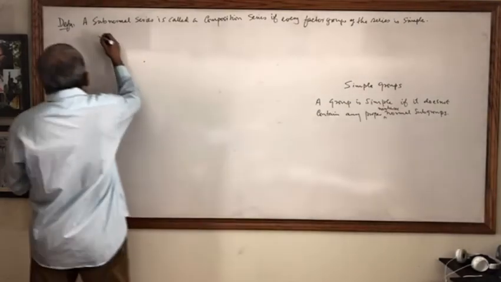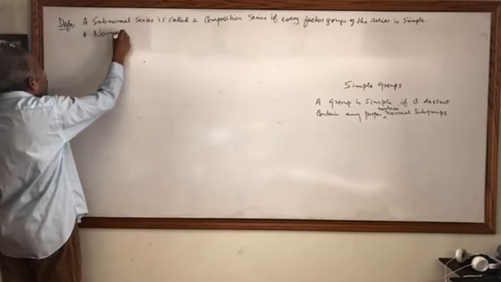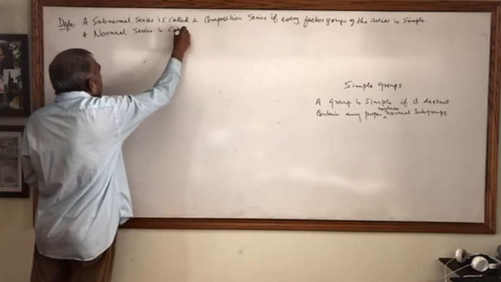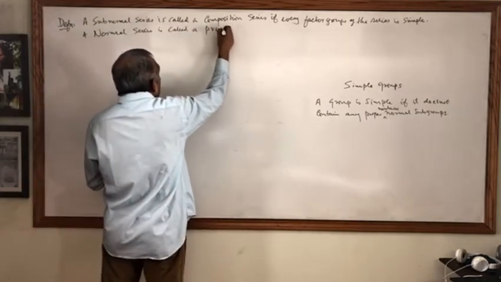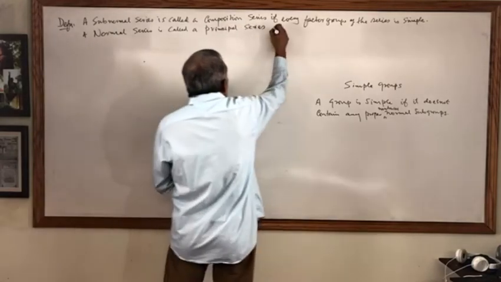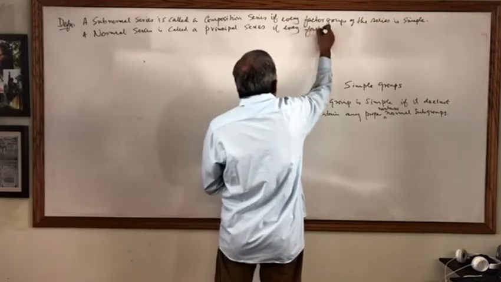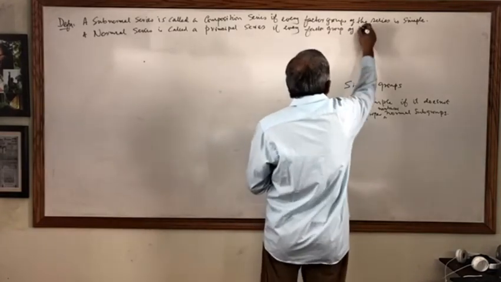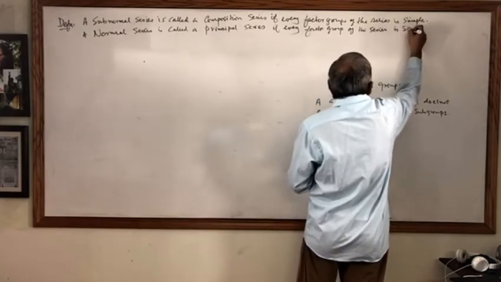And if it is a normal series, it is called a principal series if every factor group of the series is simple.